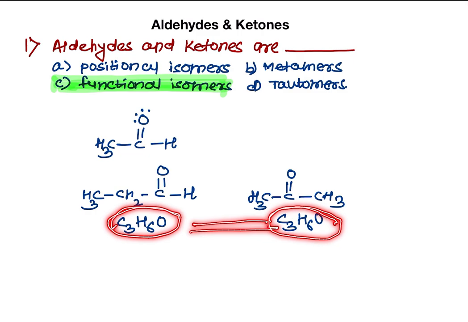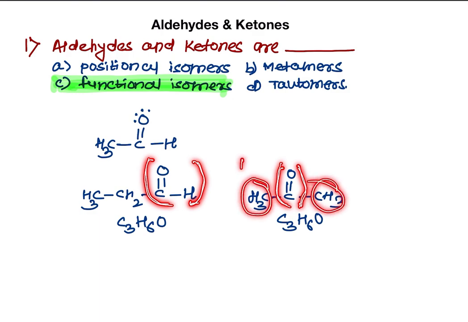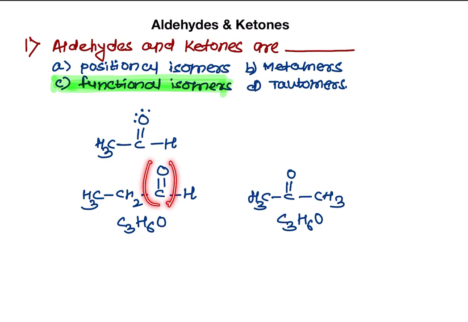But what is the difference? Here the difference is about functionality. In the case of aldehyde, this is the aldehydic functional group, and here it is ketonic. In a ketone, the carbonyl group is surrounded by 2 alkyl groups, and in an aldehyde, the carbonyl group is surrounded by 1 alkyl group and 1 hydrogen.